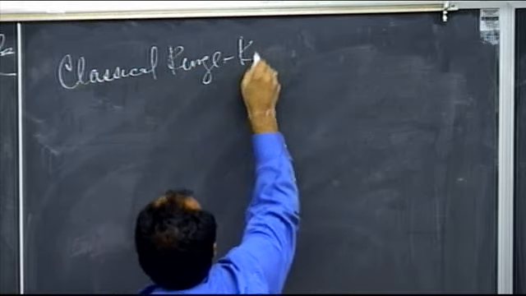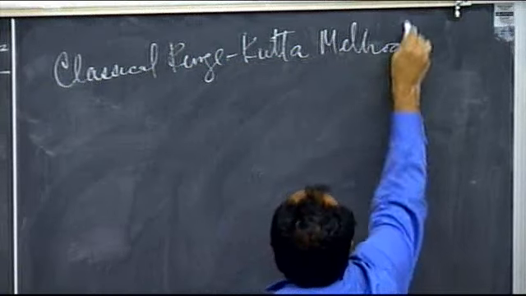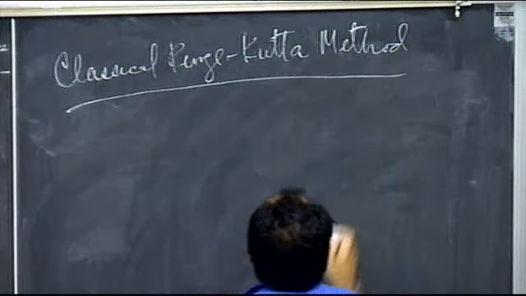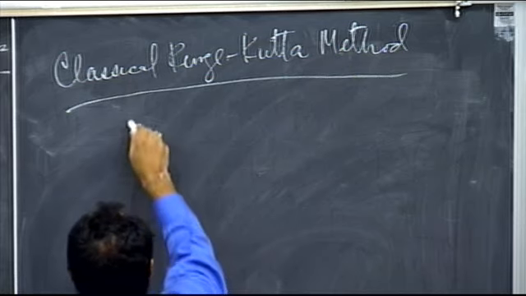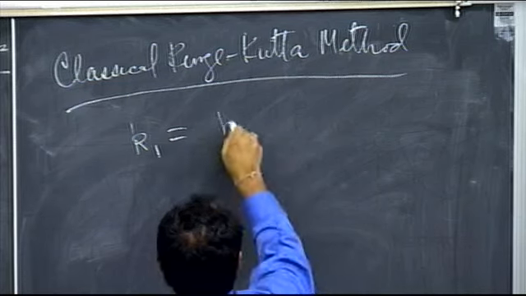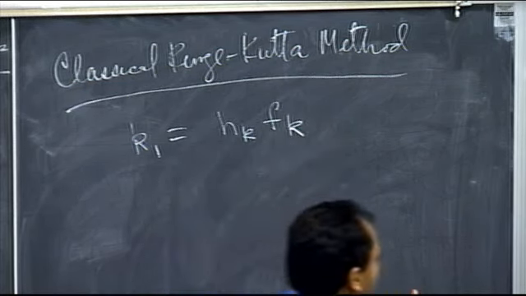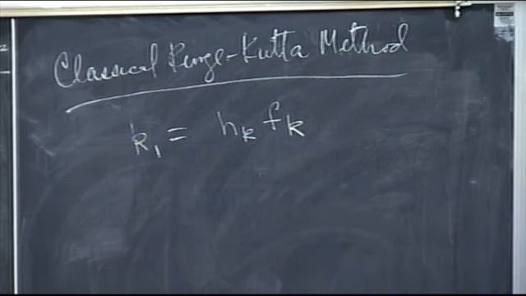And there are Runge-Kutta methods of any order that you can do this with. But what it looks like is this: you start off with 4 coefficients. You've got k1 is equal to hk times f of tk, xk. It's actually the value of the slope multiplied by the step size at the first point.